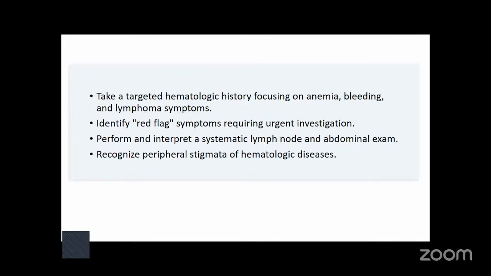Then identify the red flag symptoms that require urgent investigations, especially in hematologic emergencies. Then perform and interpret systematic examination, especially lymph node and abdominal exam in this case. Then recognize peripheral stigmata of hematologic diseases.